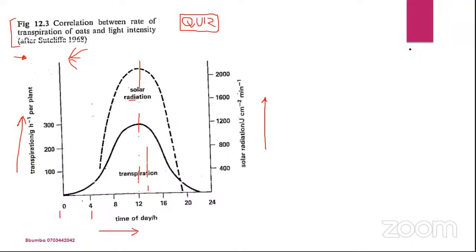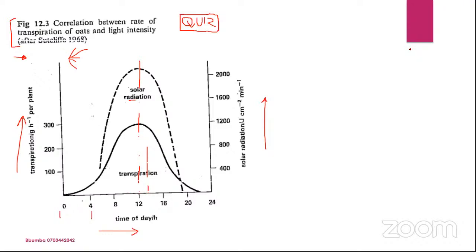I can answer based on humidity. From 0 hours to 4 hours of the day, that is in the morning, the humidity in the air is still very high, and the sun has not yet come out clearly, so the rate of transpiration tends to increase gradually.